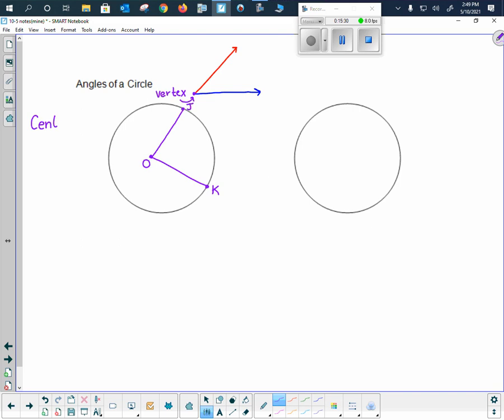Okay, so if I'm asking you where this vertex lies, well, this vertex is right here at the center of the circle. Okay, so a central angle is an angle whose vertex is at the center of the circle.